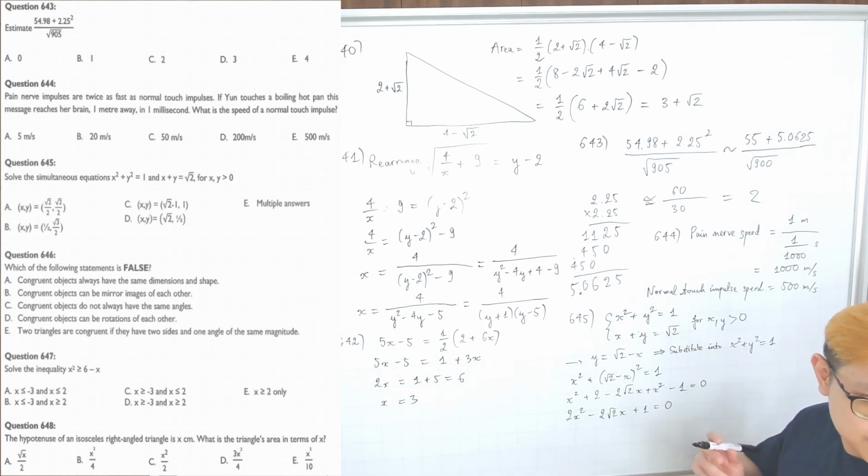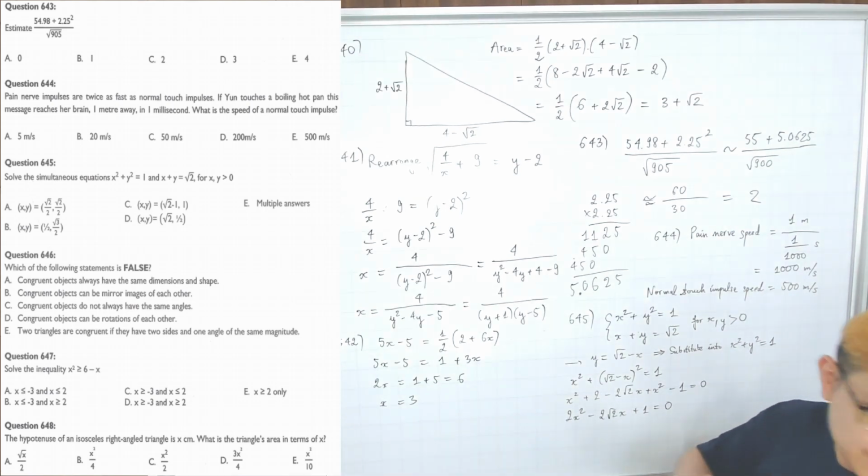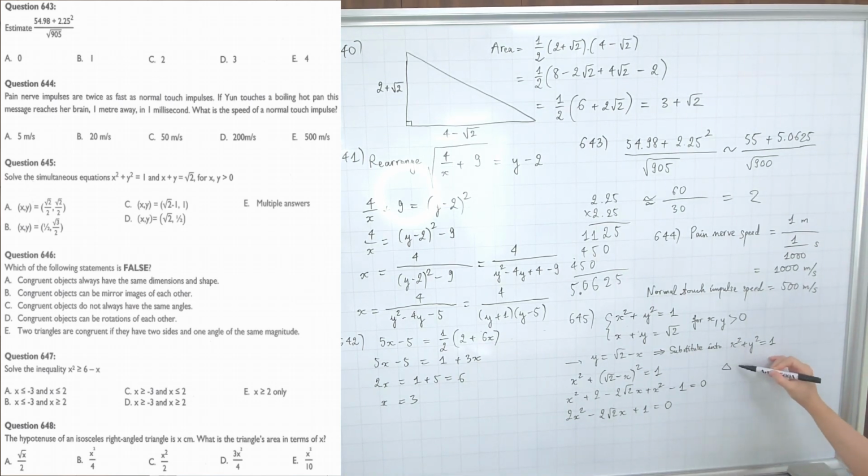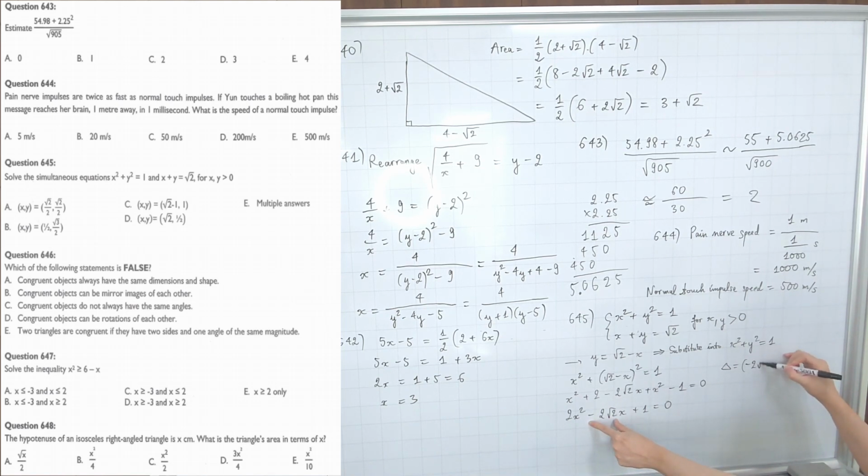Phương trình bậc 2. Quadratic equation. Delta equal to this one squared minus 4, a is 2, c is 1.